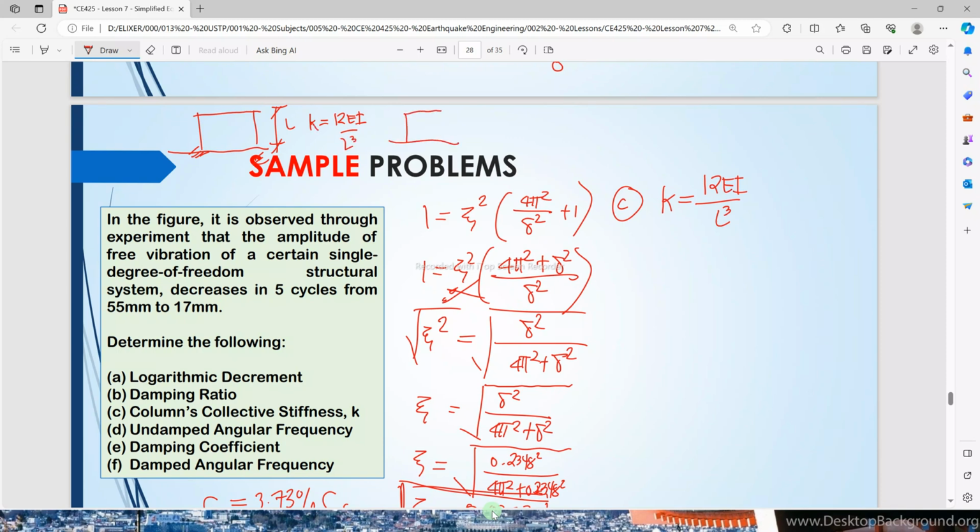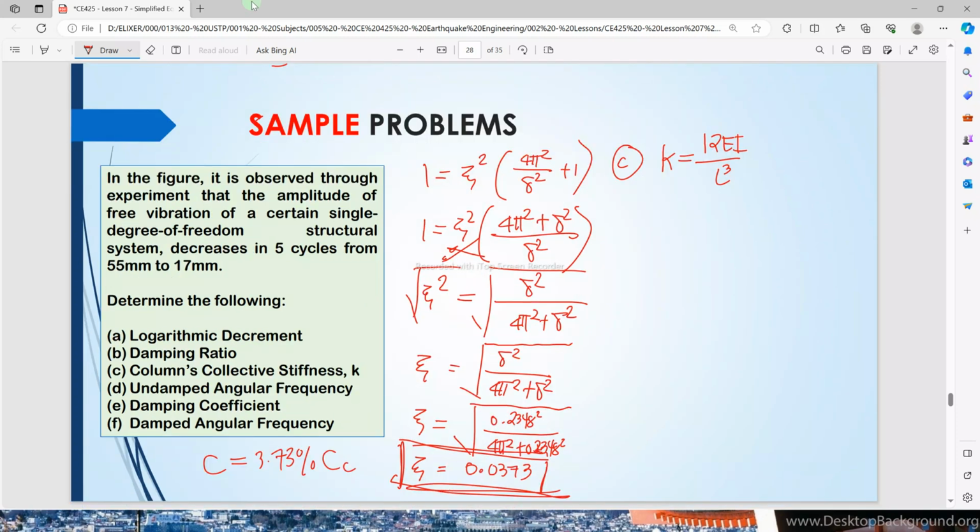But let's say one is fixed and the other one is pinned. The pinned part, the stiffness is equal to 3 EI over L cube, while the other one has stiffness 12 EI over L cube.